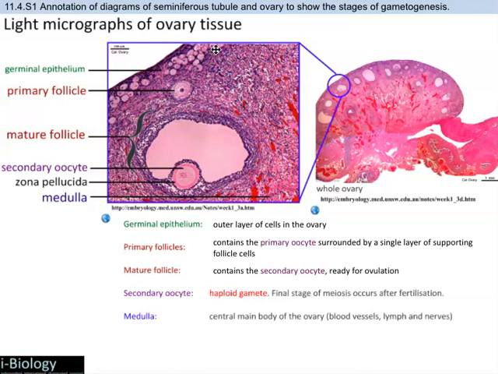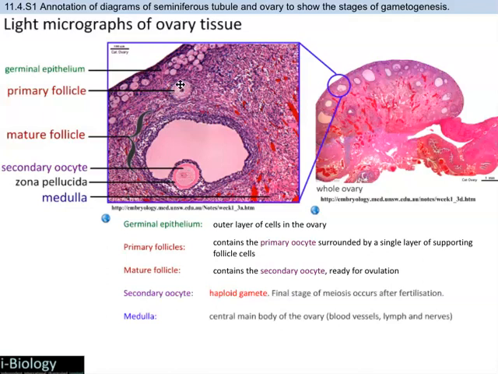So here we have the germline epithelium where the primary follicles are going to be generated. And remember, all the primary follicles are present at birth in a female. They're going to, around puberty, be developing into the mature follicles, and meiosis 1 would be happening to produce the secondary oocyte.